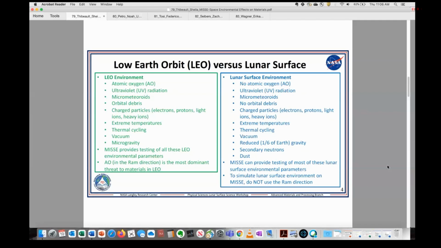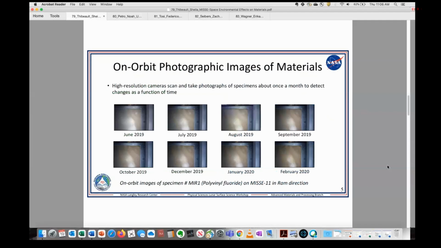So in comparing these two lists, one can actually consider using the MISSY platform to simulate to a certain extent the lunar environment. One word of caution, though, if you're planning to do this, do not use the RAM direction, because that is the direction where there is the greatest amount of atomic oxygen. Next slide, please.